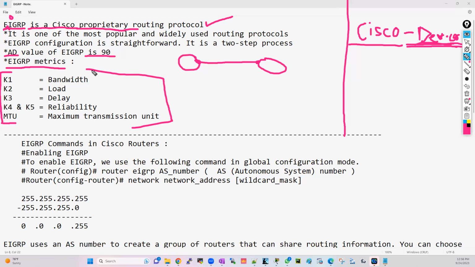And then I've touched on that before when I talked about AS, autonomous system. EIGRP uses AS like BGP. What AS does is it categorizes some set of routers into a group.